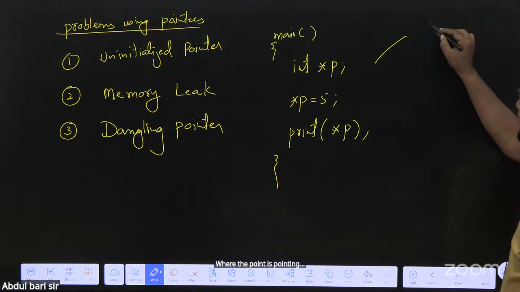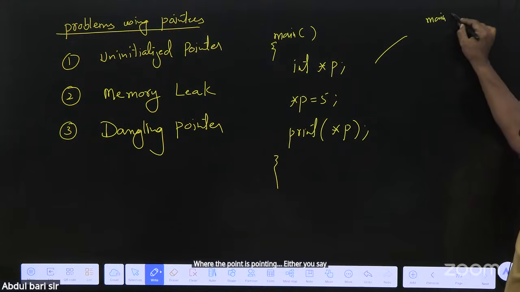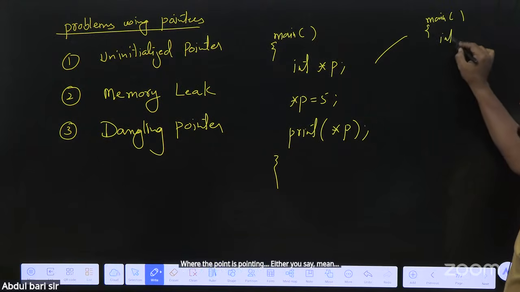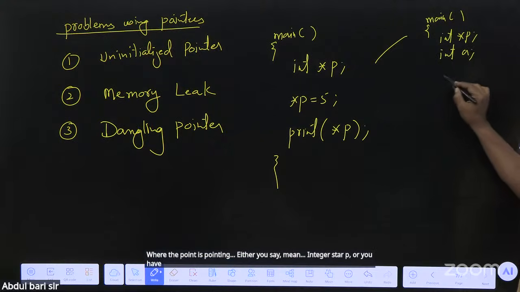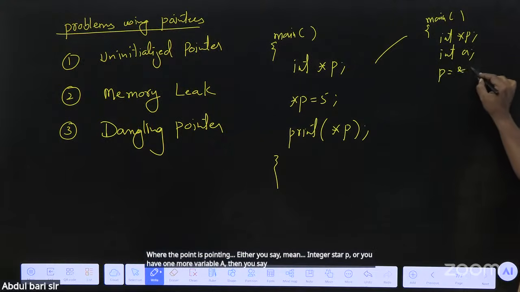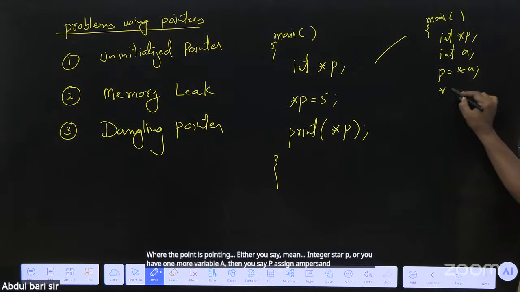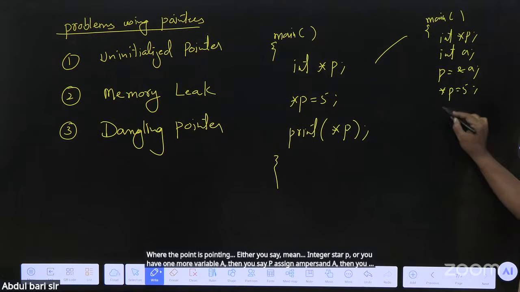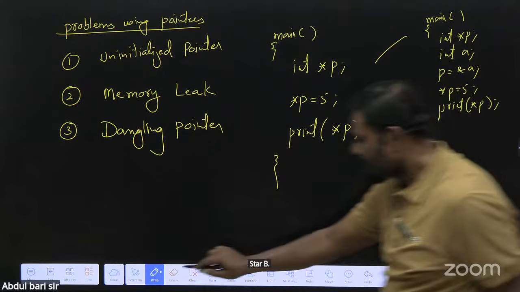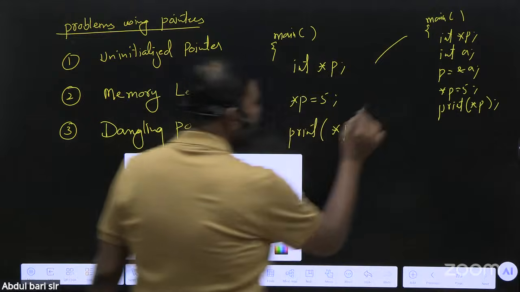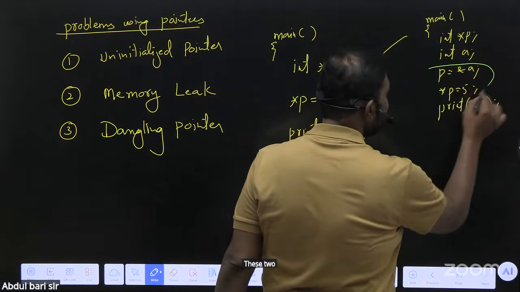Either you say main, integer star p, or you have one more variable a, then you say p assign ampersand a, then you say star p assign 5, then you print star p. So these two lines are missing in that one.